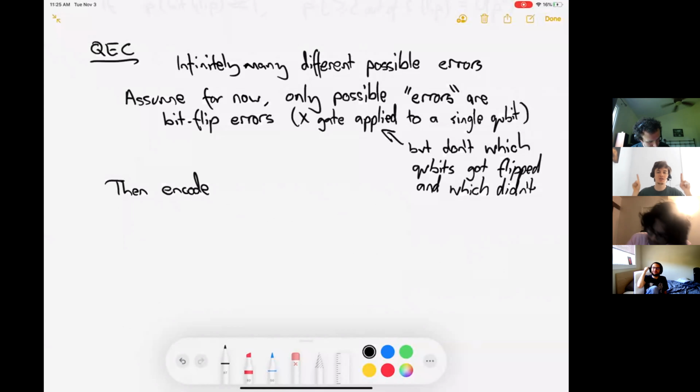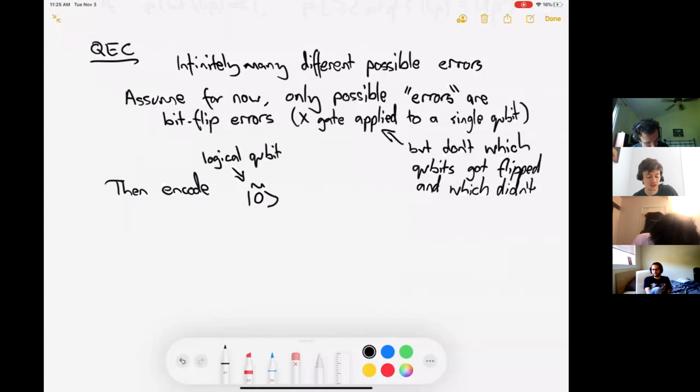Okay, so the 1 qubit is the logical qubit. It's the actual information that we want to store. The 3 qubits are the physical qubits. This is the information we're actually trying to store, and then we're going to encode it as 3 physical qubits. I'm just going to encode the 0 state as 0, 0, 0.